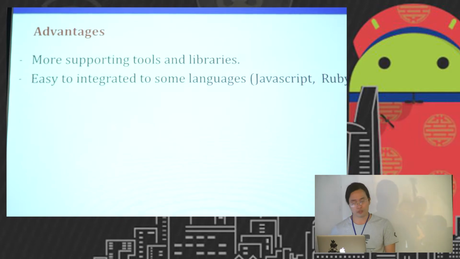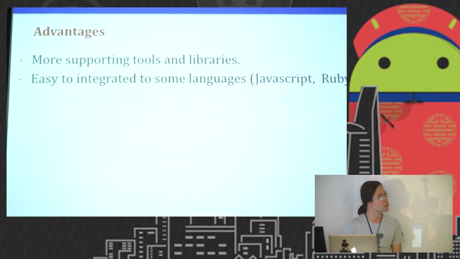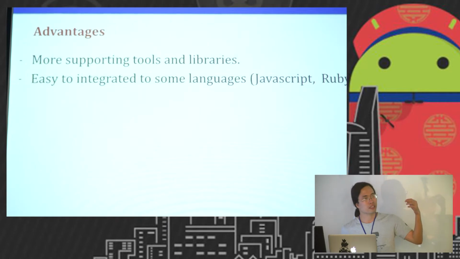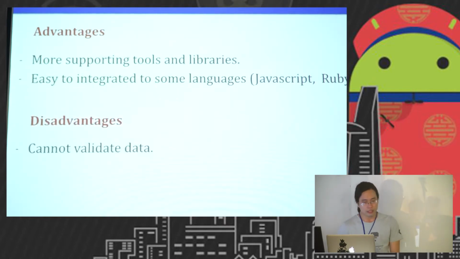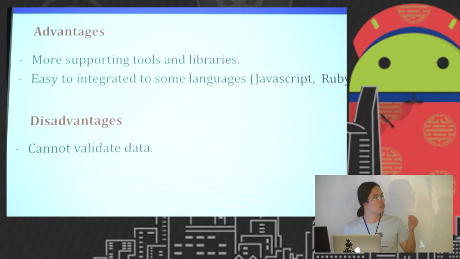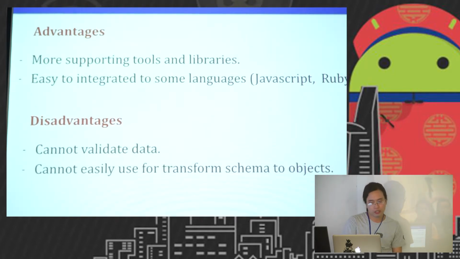If you use a scripting language such as JavaScript, Ruby, or Python, the data is automatically formatted into the model, so you use it directly. What's not good is that it cannot validate data, as I said before, because in RESTful Service we don't have something like SOAP's DTD, so we cannot validate data, and cannot easily go from schema to objects, for the same reason: we miss the DTD.